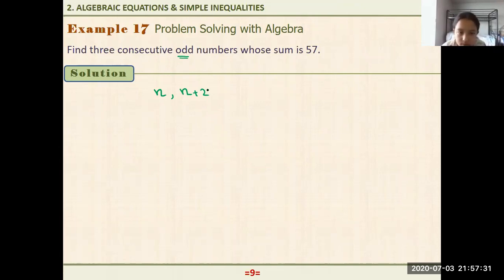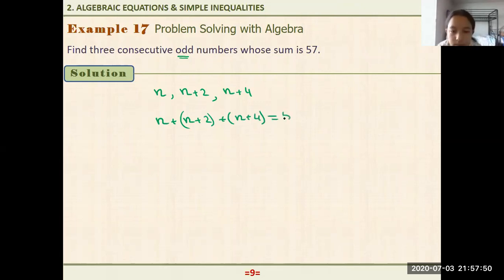And the next number should be n plus 4. In this question, their sum is 57, so we have n plus n plus 2 plus n plus 4.